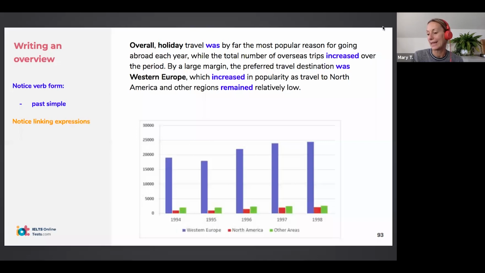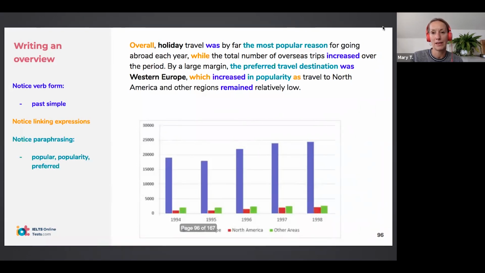And what about linking expressions? Which linking expressions can you see? While, which, overall, that's right. Okay, overall, while, which, and as, yeah. And then paraphrasing.